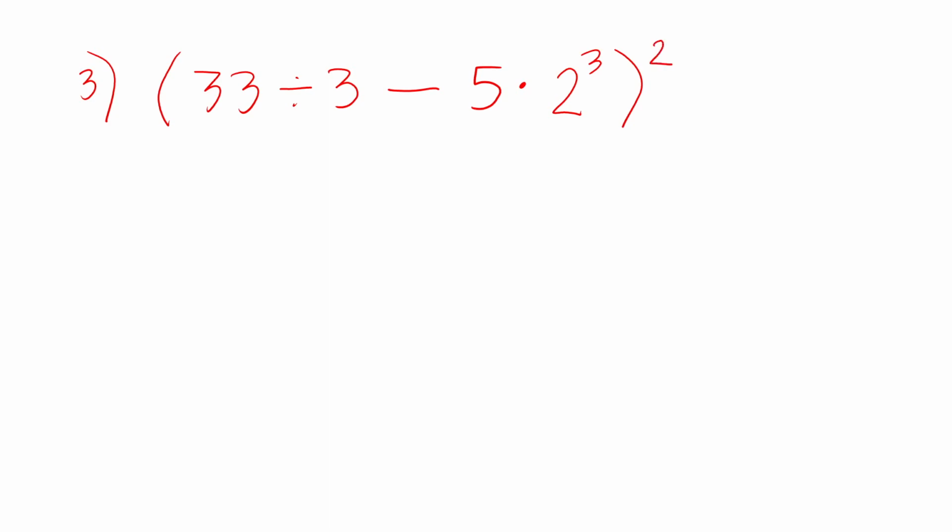So I now have example number 3 here. I have what's inside the parenthesis. It's 33 divided by 3 minus 5 times 2 cube, then another parenthesis, everything will be squared.